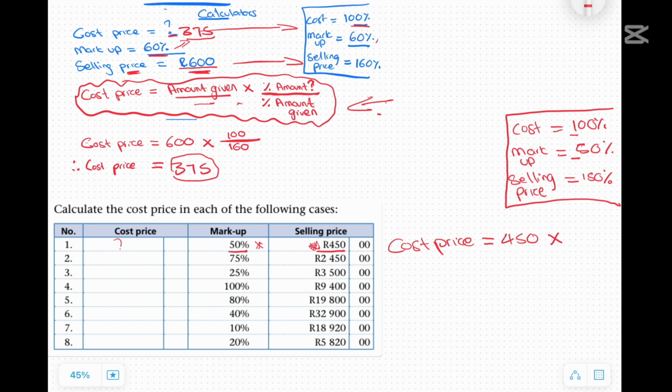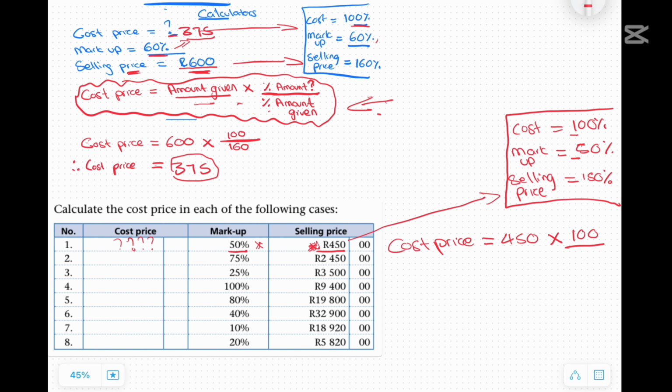So multiplied by the percentage of the amount we are looking for. Which amount are we looking for? We are looking for the cost price. So cost price is 100% at all times. Divide by the percentage of the amount given. So the amount that has been given to us, we know it is the selling price. So now, what is the percentage of the selling price?